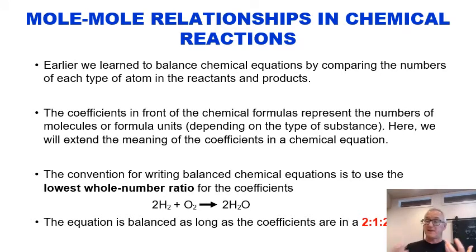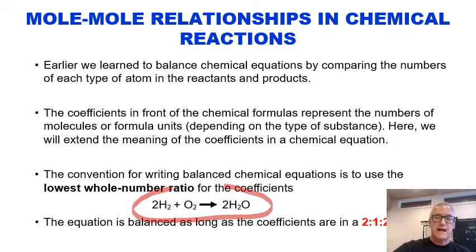So now we're just basically going to look at how do we use these mole to mole, mole to gram ratios. Basically we need it to balance reactions because we have to have the same number of atoms. Let's say that this is our reaction.